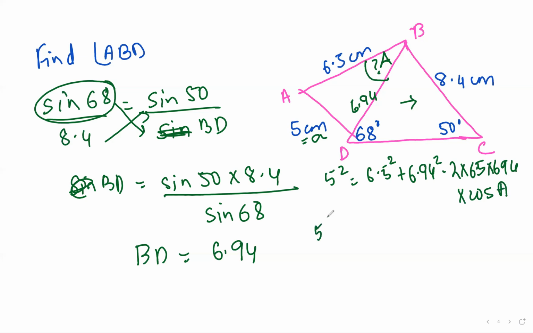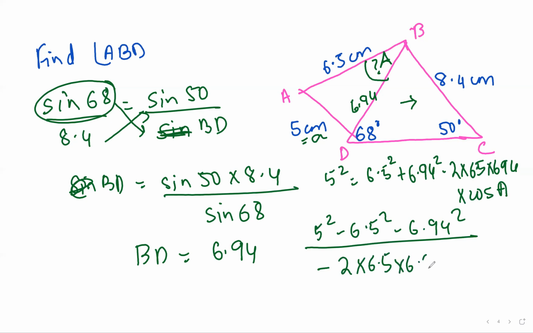Same thing again. 5 square minus 6.5 square minus 6.94 square divide by negative 2 into 6.5 into 6.94.